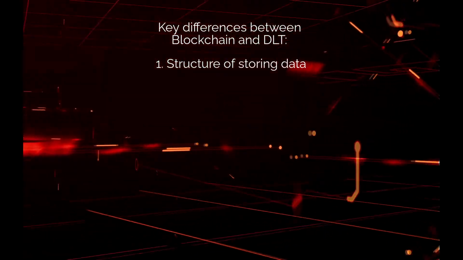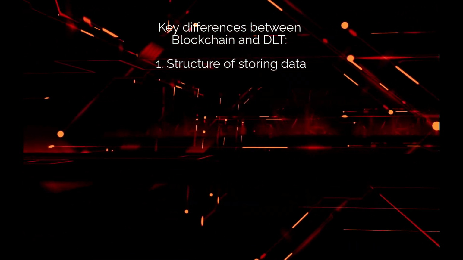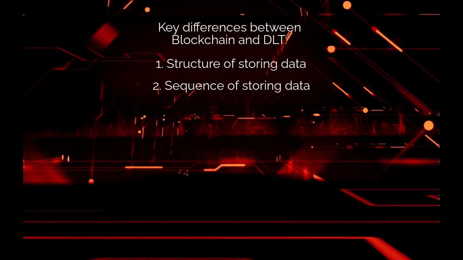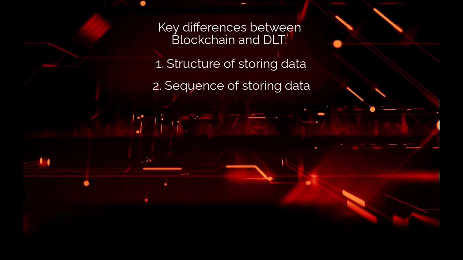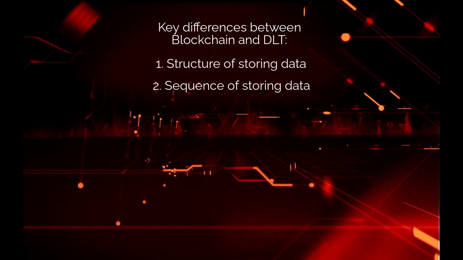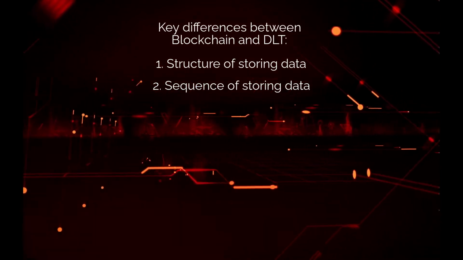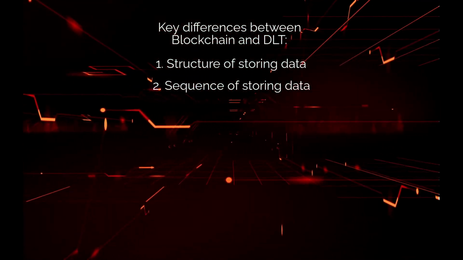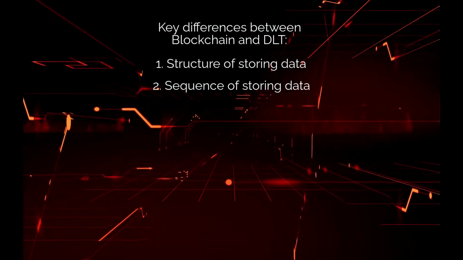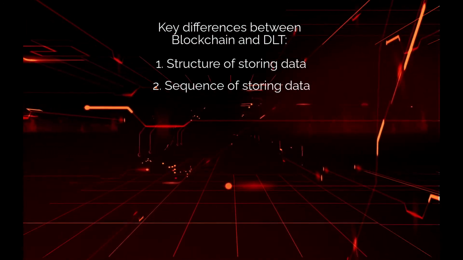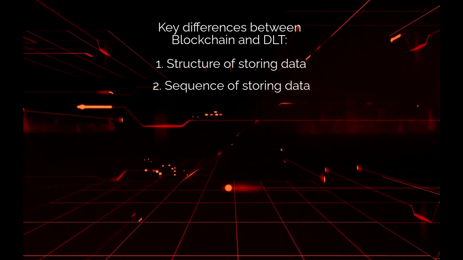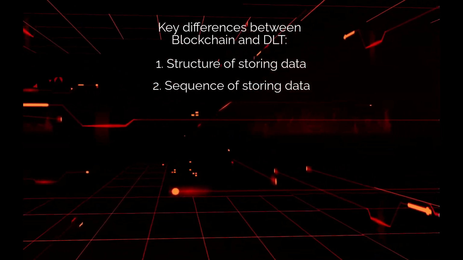Also, the sequence is different, because in a distributed ledger there doesn't have to be a specific sequence. However, in the blockchain, that sequence is very important in making sure that there has been no manipulation or fraud that's taken place. So that is a differentiating feature of the blockchain.